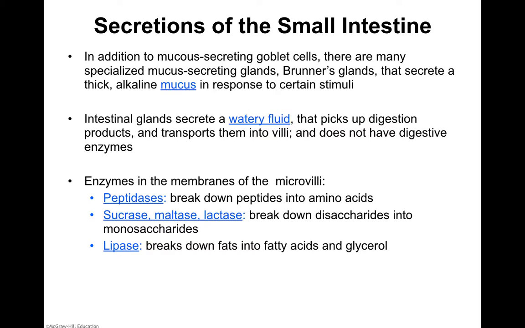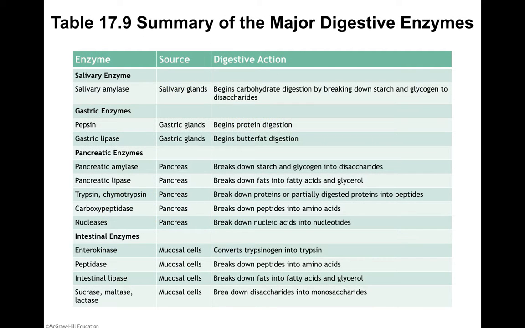Those are disaccharides, our dietary sugars, and they are broken into monosaccharides, principally glucose. Lipases break down fats into fatty acids and glycerol. So there's a great deal of enzymes involved, some from the salivary glands, some from the stomach, some from the intestines, and most of them from pancreatic sources.